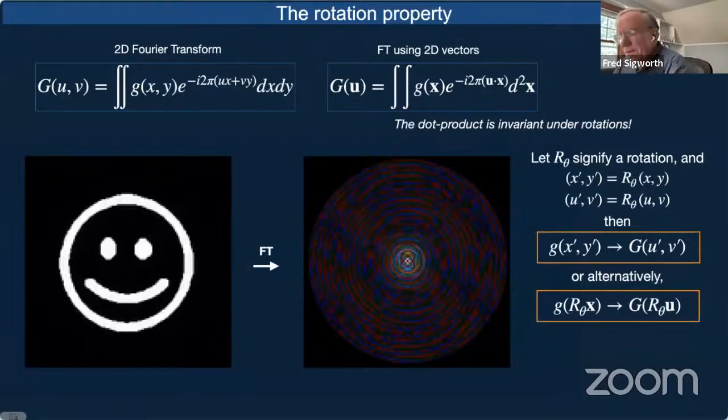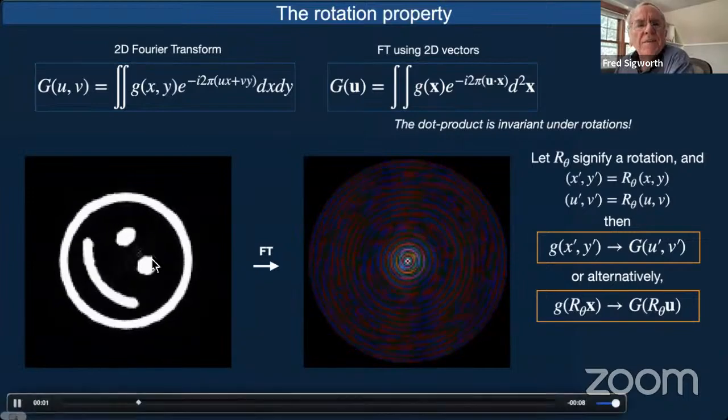Okay, so there are two other properties that are really cool and that we use in 3D reconstruction. One is the rotation property, and that just makes use of the fact that in the exponent we have what looks like the dot product between x, the spatial variables, and u, the frequency variables, and so a dot product is invariant under rotations.